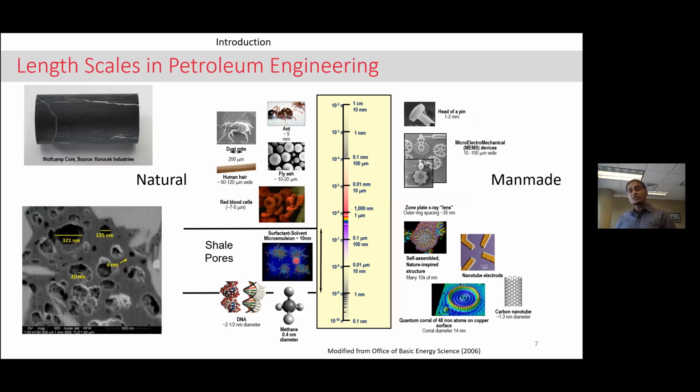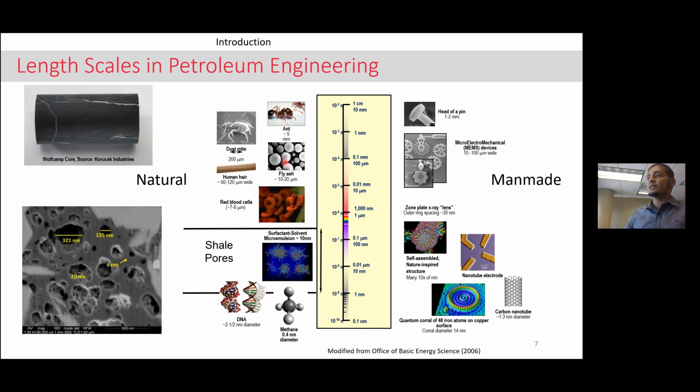So to give you a sense of what size scale I'm talking about, over here I have a length scale that's going from about a centimeter to about a tenth of a nanometer down here. And you have some man-made material on the right-hand side associated with these different length scales. We, of course, have carbon nanotubes, which have seen a whole host of applications. And then on the left-hand side, you have an ant, you have fly ash.